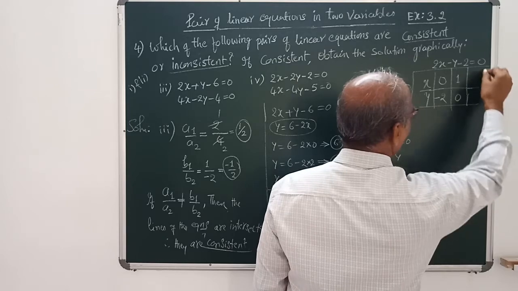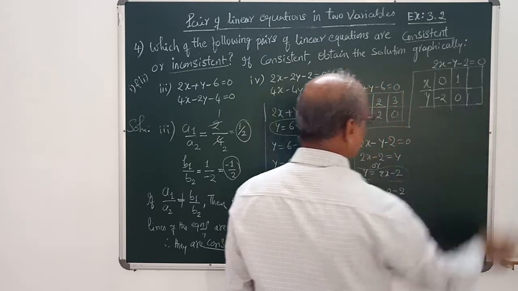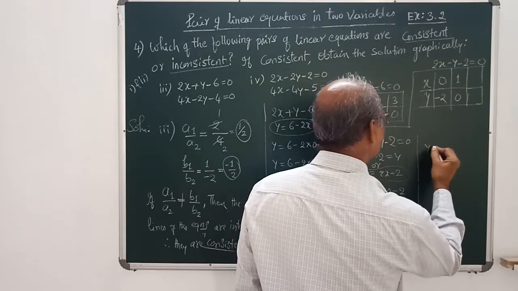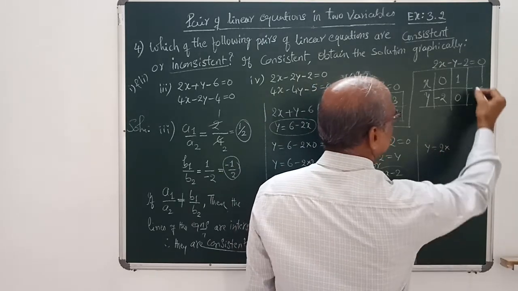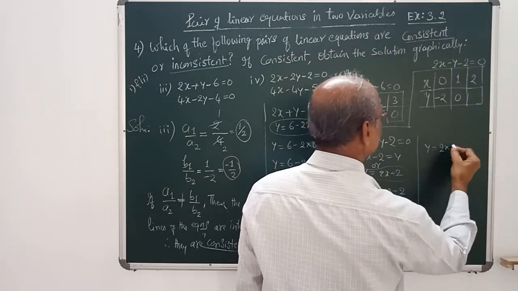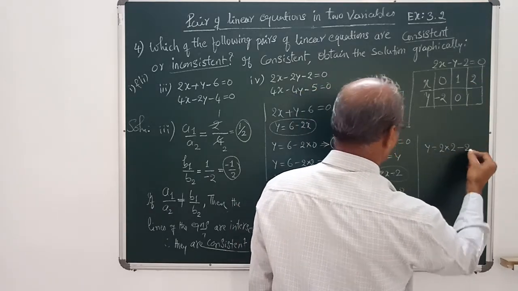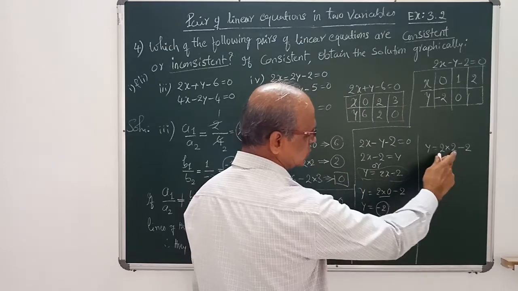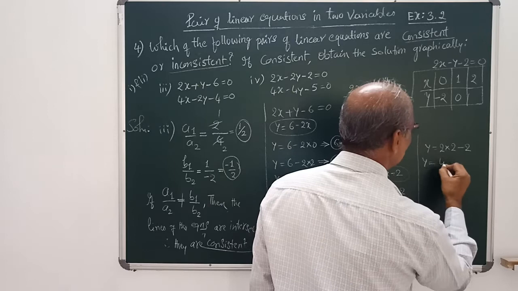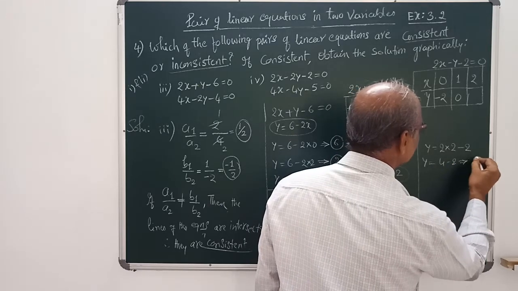Now you have to assume one more x value. So y is equal to 2 into, let me take x as 2, minus 2. So 2 twos are 4, minus 2, our answer is 2.